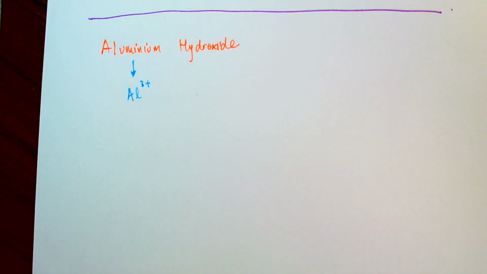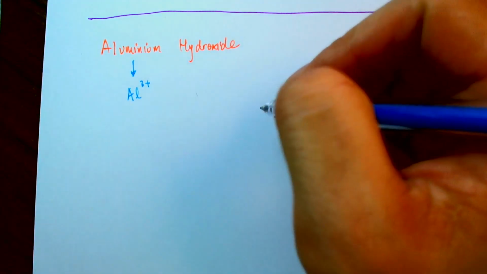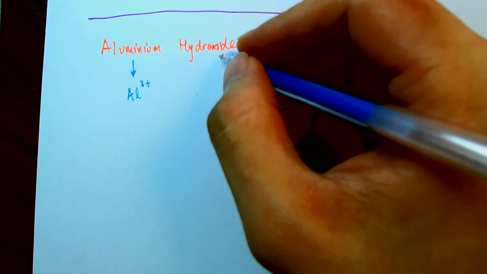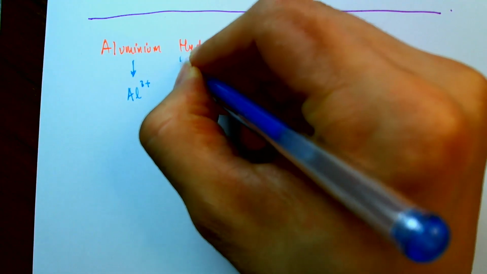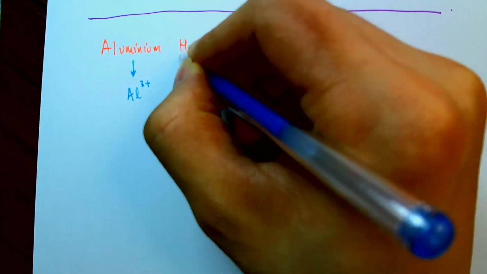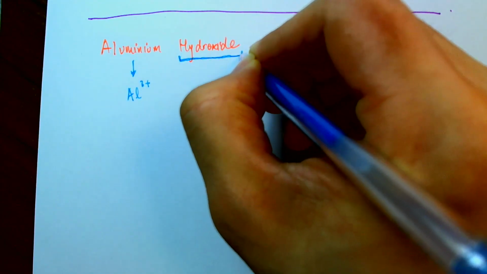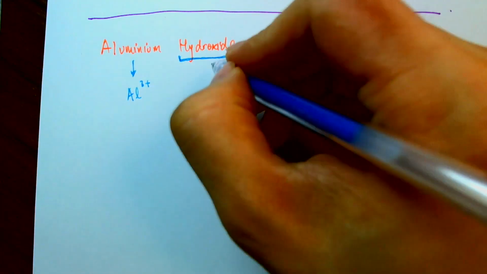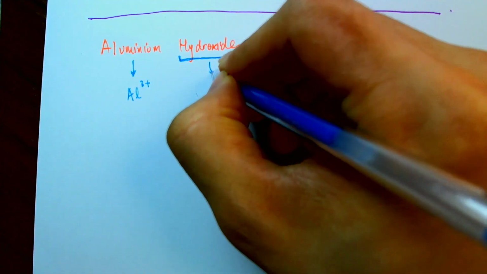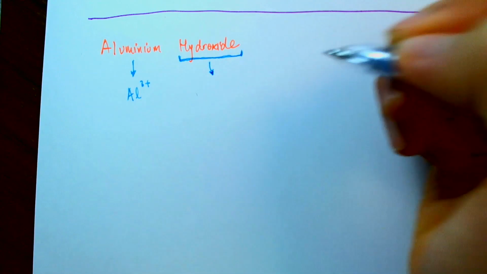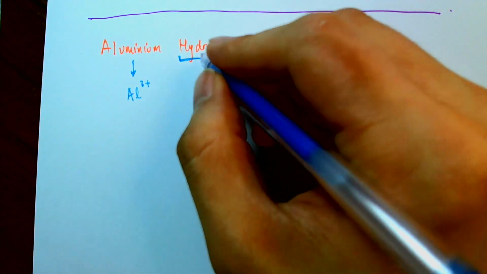It wants to lose 3 electrons. Now, hydroxide is not something we've seen before, and again, this one falls into the category of those ions that you need to memorize. So don't worry if you aren't familiar with it for now.